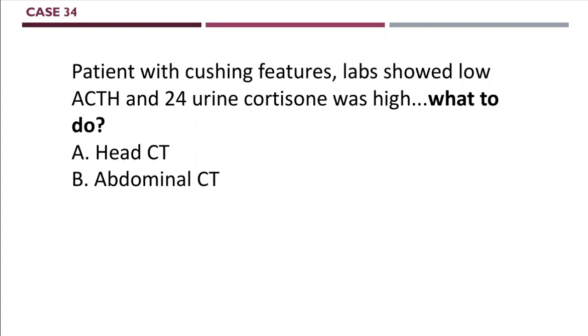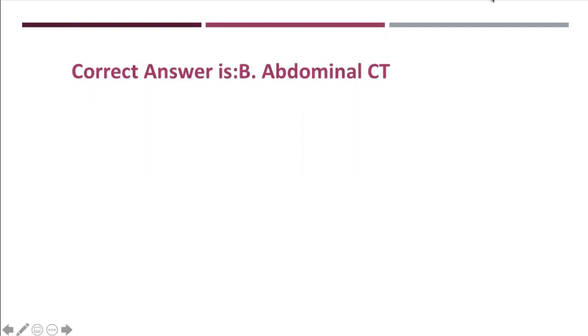What to do? CT head or CT abdomen? CT abdomen. You would use it to rule out an adrenal adenoma causing that. I think that's my last slide, those are the slides that I prepared. The other ones I didn't prepare actually.